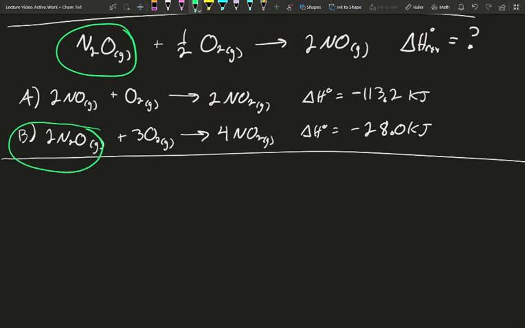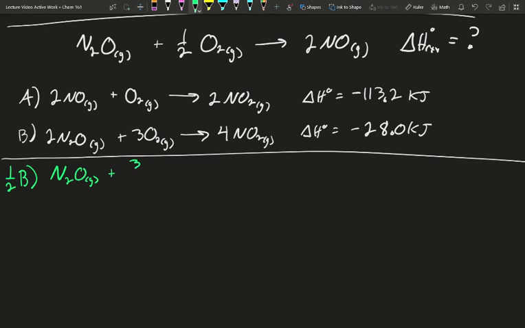So all of our N2O must come from reaction B. I want one of it on the left. Reaction B gives me 2 of it on the left. So I need to modify B. I need half of B. I need to tone it down. This will give me just a single N2O gas.